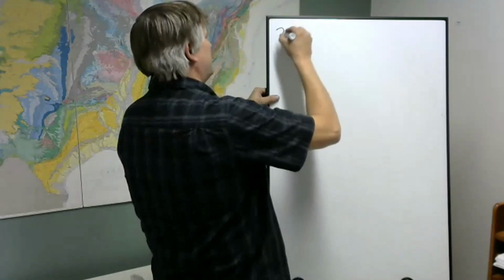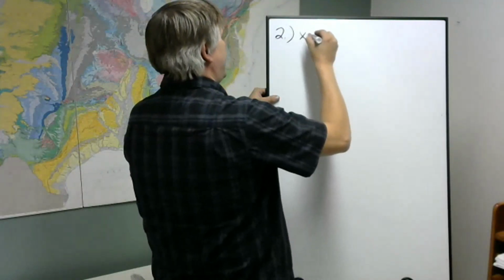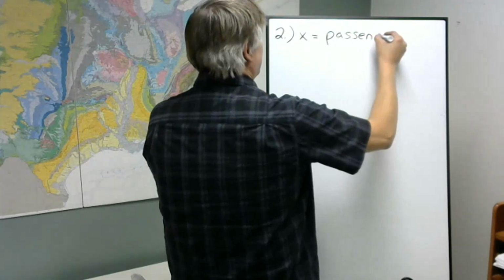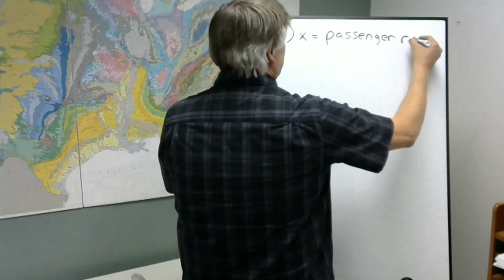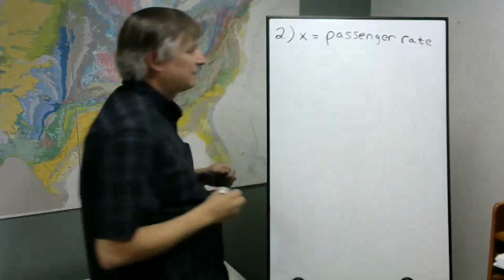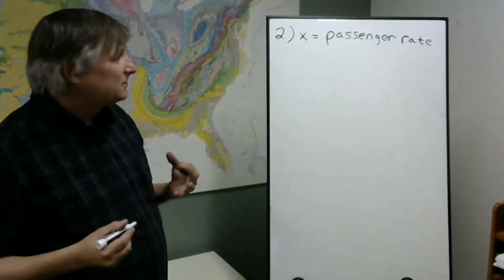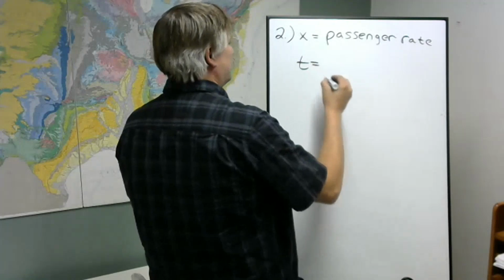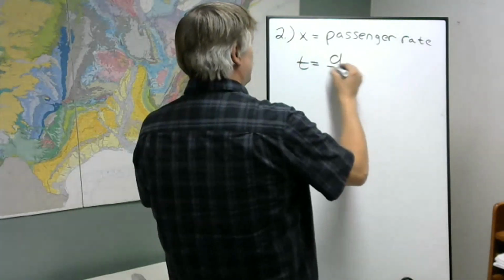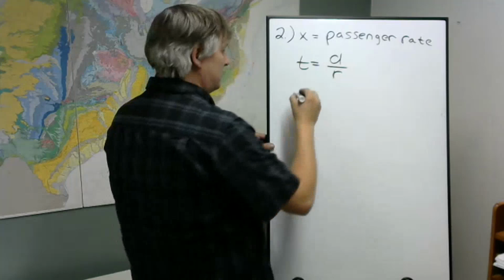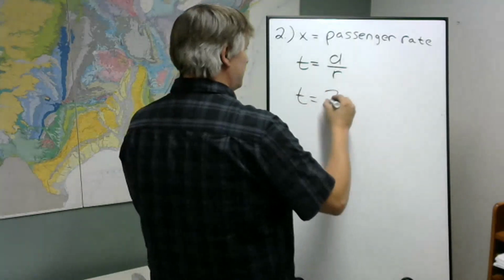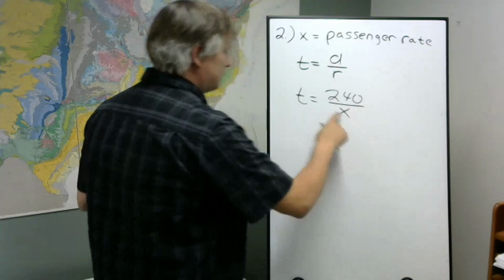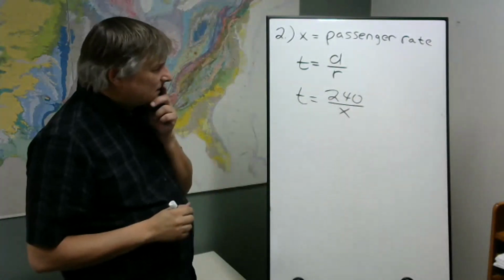So for step 2, x is the passenger rate. Now that means we're going to get this. Time, which is D over R, well, the time traveled would become 240 over x. If we find x, we'll be able to find t.